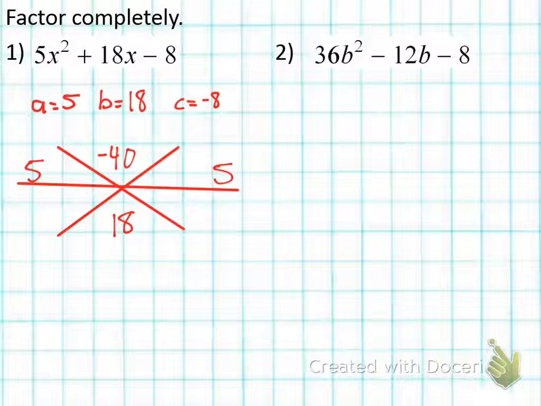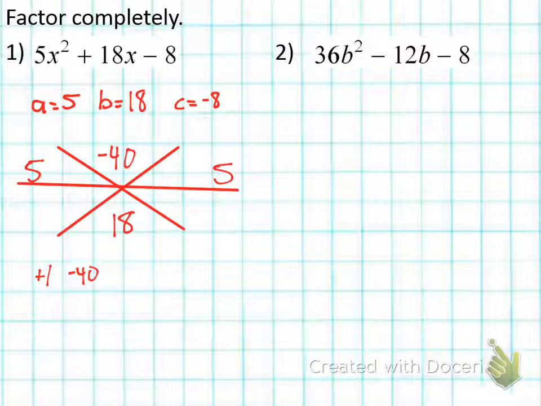Okay? So we're asking ourselves what times what is equal to negative 40 but adds up to positive 18. We're going to do all the factors. I want you to do this anyways. Do all the factors because we want to figure out what adds up to everything.